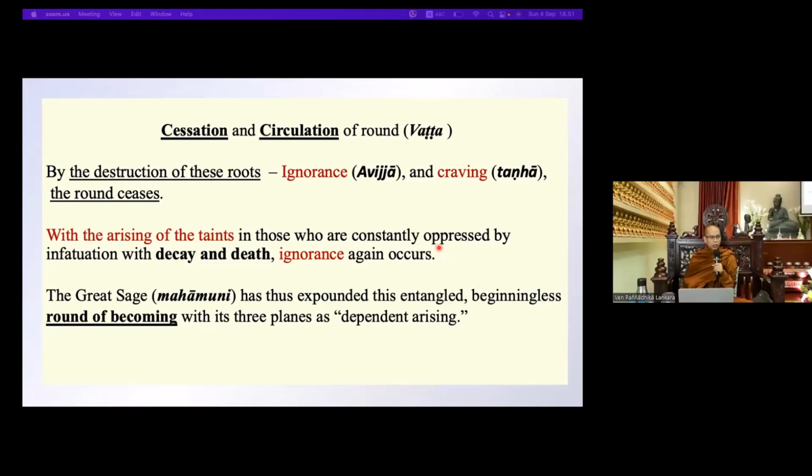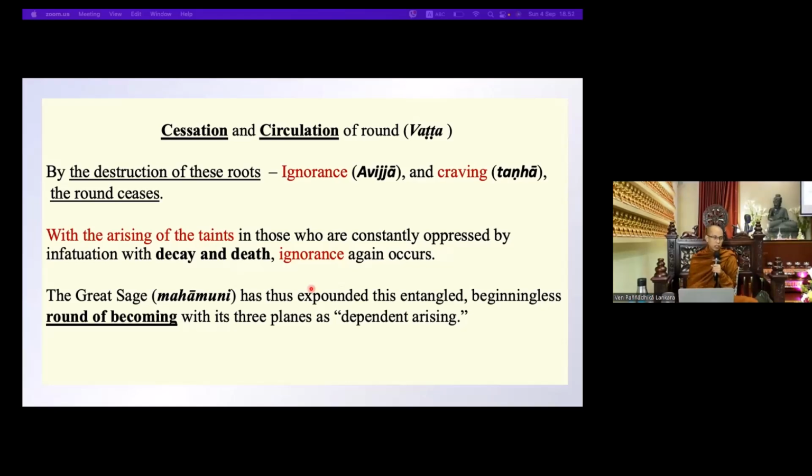There is no cause of avijja mentioned in the paticca samuppada here, but in the sutta the asava are mentioned as the cause, or as a condition, of ignorance, avijja. In this way, ignorance arises, and when ignorance arises, we cannot stop.